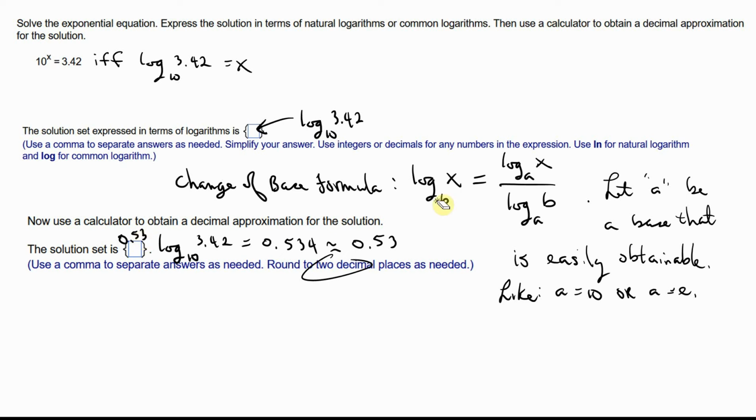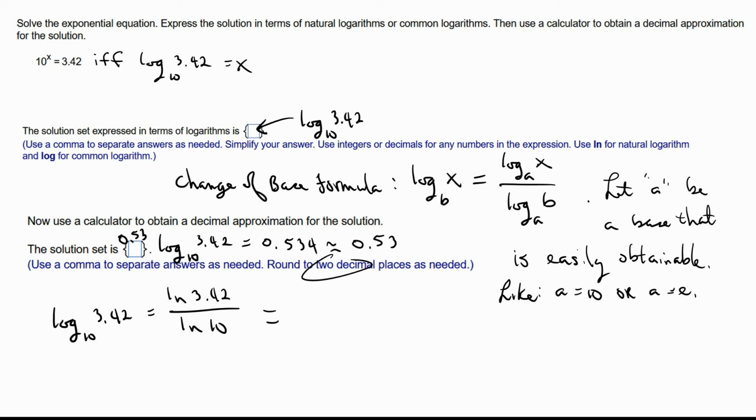But looking at this change of base formula, if I use that, I'm going to change it to, for example, the natural log. This is base 10 of 3.42. Then that becomes the natural log of 3.42 over the natural log of 10. Now, if you do that on your calculator, you have to make sure you work that division out.